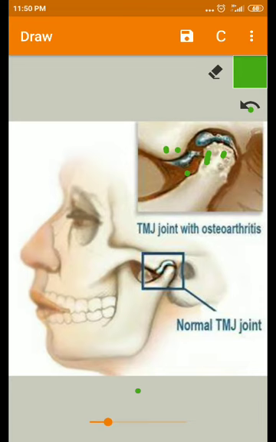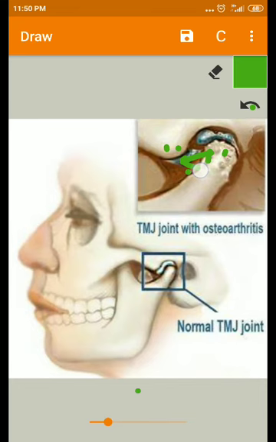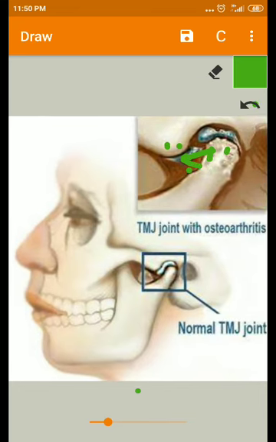For further opening it has to translate, and in that position only, in osteoarthritis, pain is felt. So the patients avoid the complete opening of the mouth. They will limit it to the range of 25 millimeters.